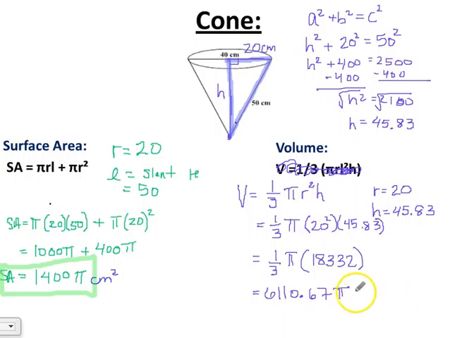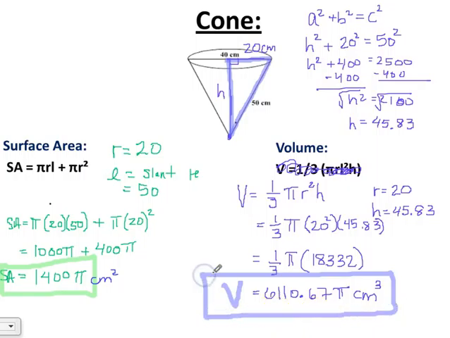And then because we're dealing with volume, my units would be cubed. So remember, you do need to include units of measurement in your answer to get full credit. And that is the volume of the cone. Surface area, our units will be squared. Volume, your units will be cubed.